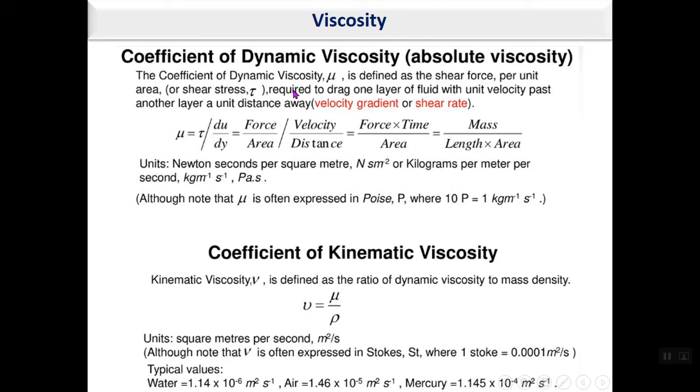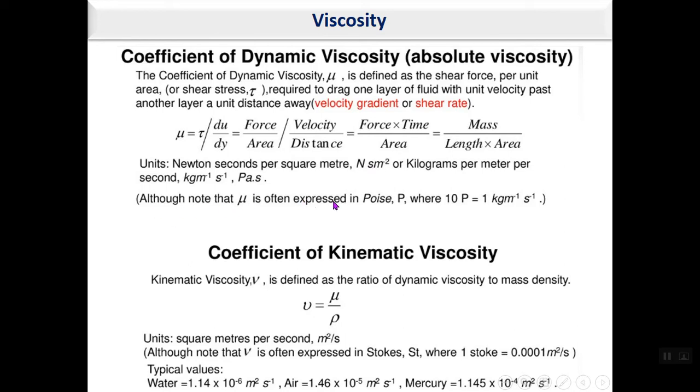The first one is the dynamic viscosity or absolute viscosity, which is generally shown by mu, defined as the shear force per unit area required to drag one layer of fluid with unit velocity past another layer a unit distance away. Based on the definition, the unit for the absolute viscosity will be mass over length and time, for example, kilogram per meter per second, or it can be written as Newton second per square meter or Pascal second.